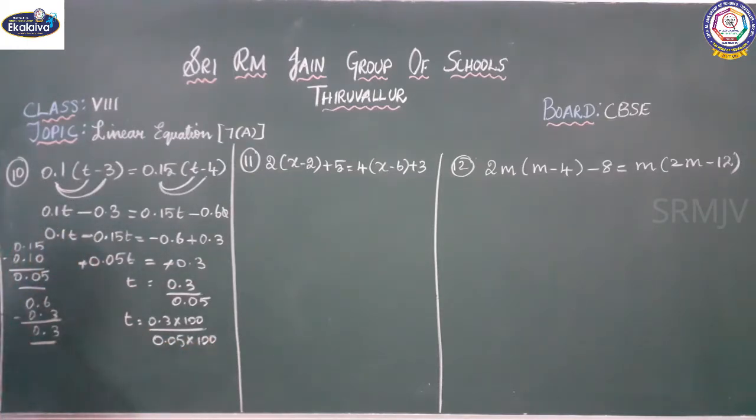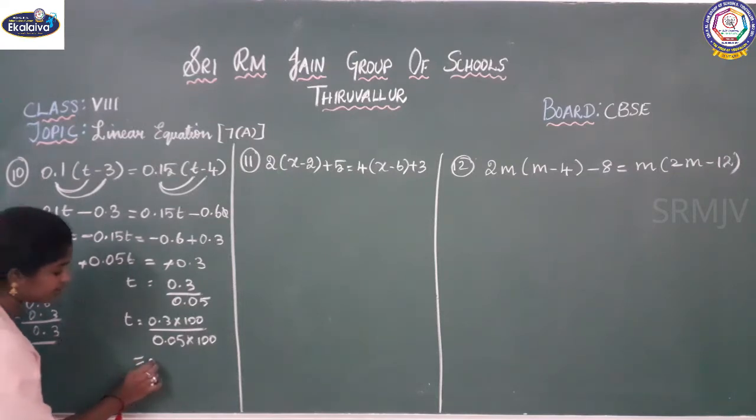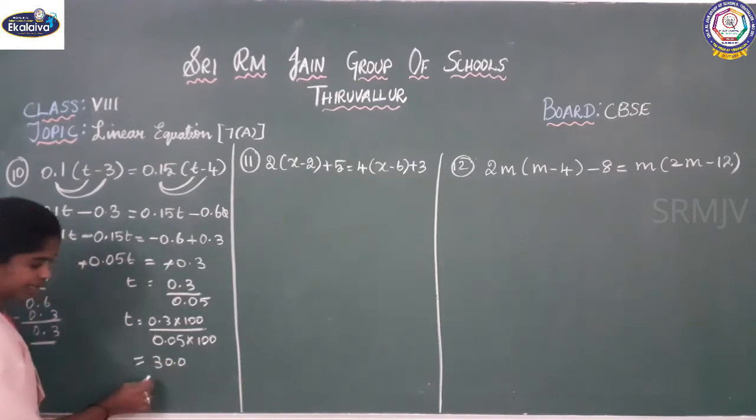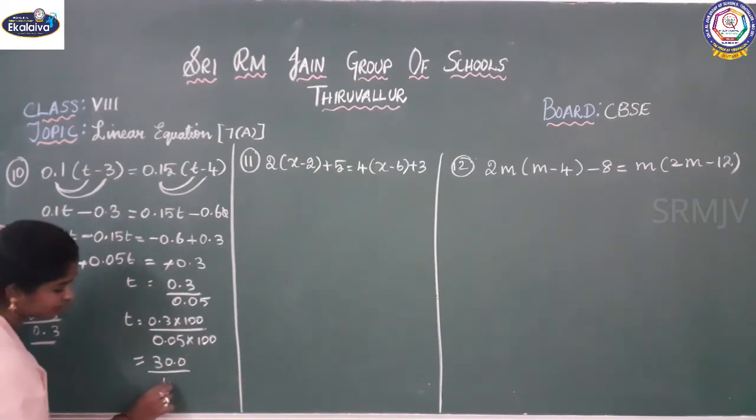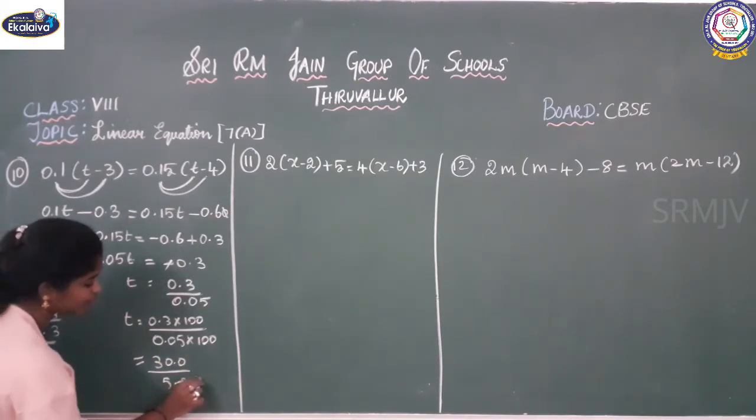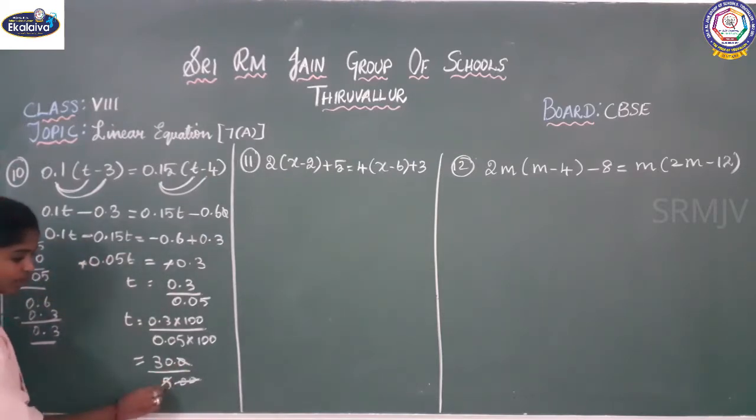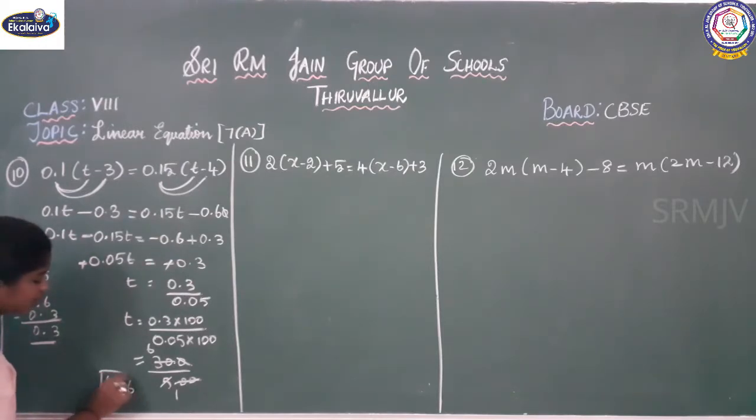So what will I get? 30.0 and 5.00. There is no value for this 0 and this 0. So, 5 ones are 5, 5 6s are 30. What is the value of t we got? t is equal to 6.